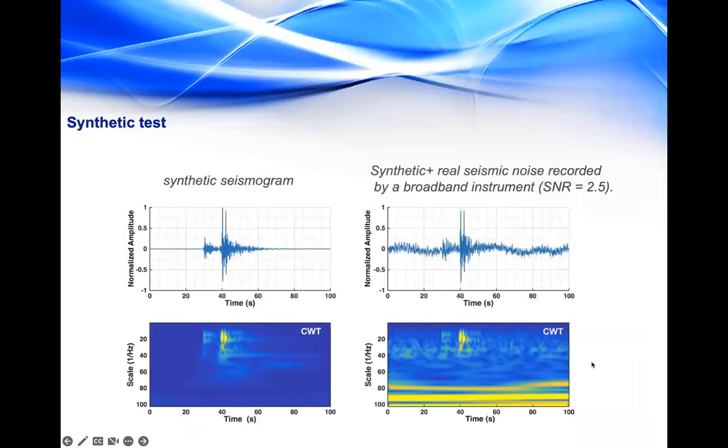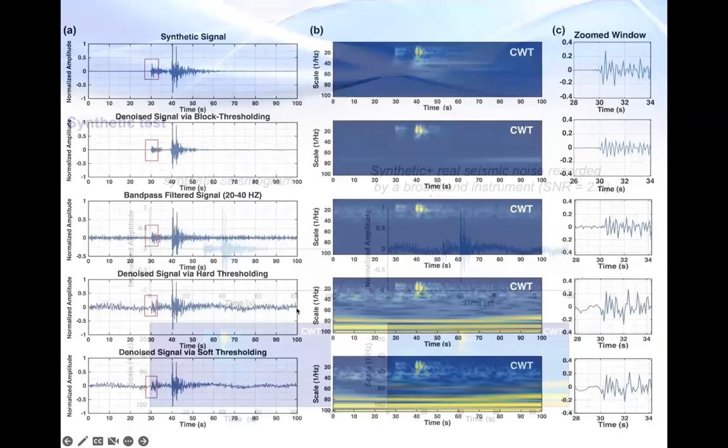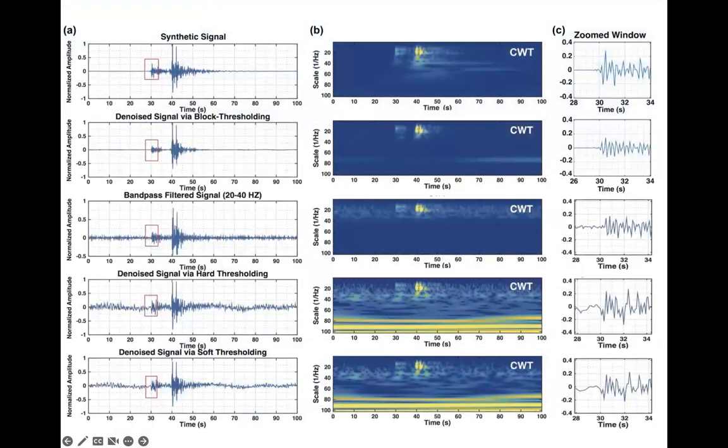So we applied the proposed method to a synthetic seismogram contaminated by some real seismic noise. Here are the results. The first row is the original signal, and the second one is the denoised one using the method that I just described.